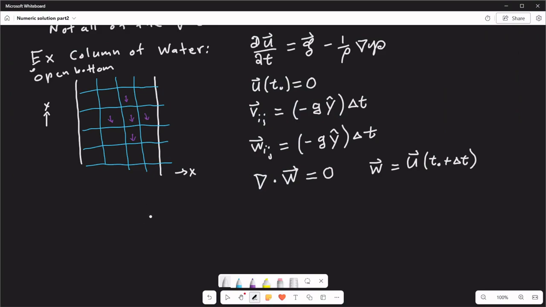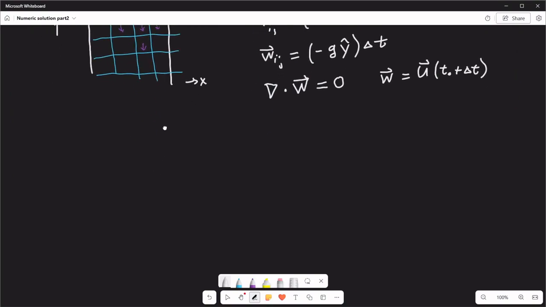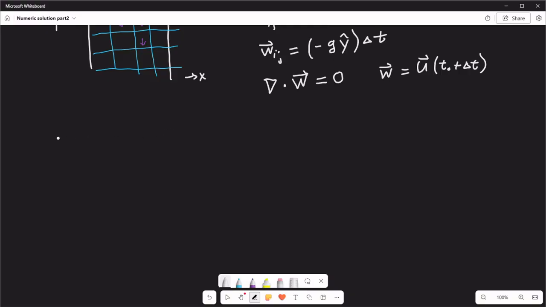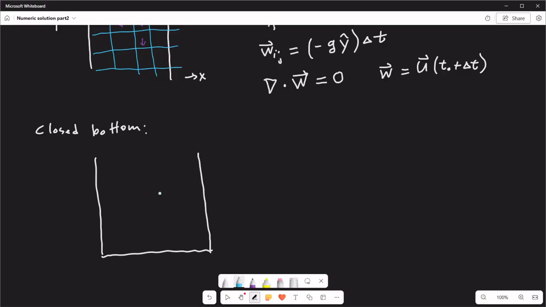However, the other case is the closed bottom case. Let's look at the closed bottom case now. So this is going to be basically the same, except the bottom is going to be closed. So again, we have the grid, which isn't drawn that well, but I'll have to do.